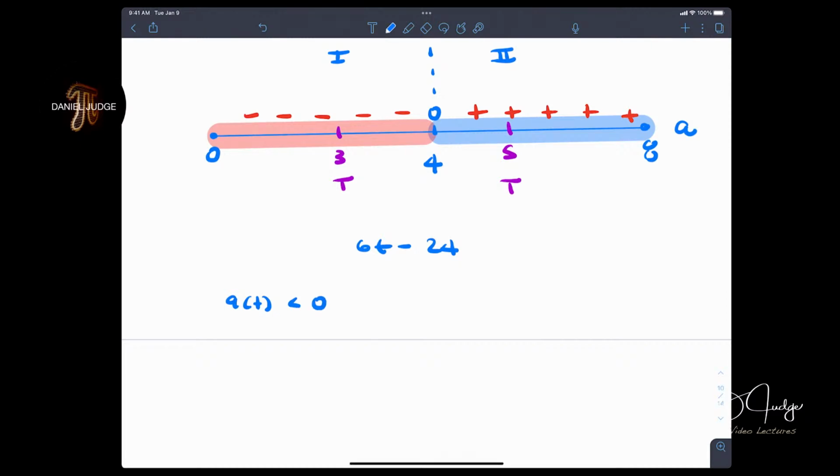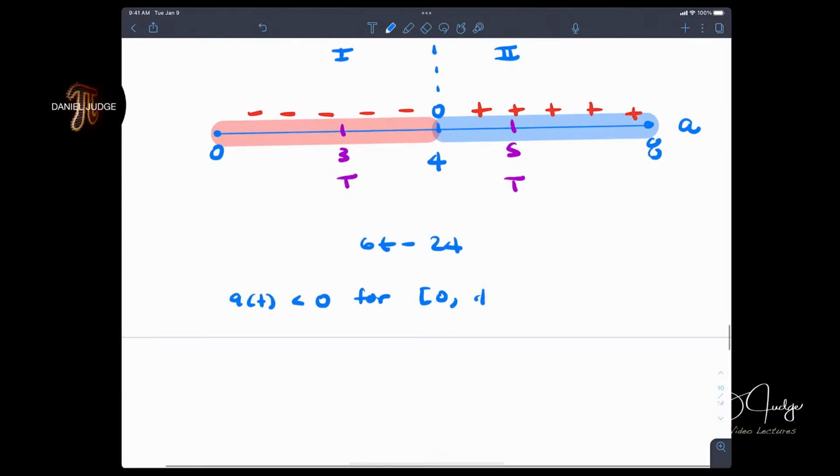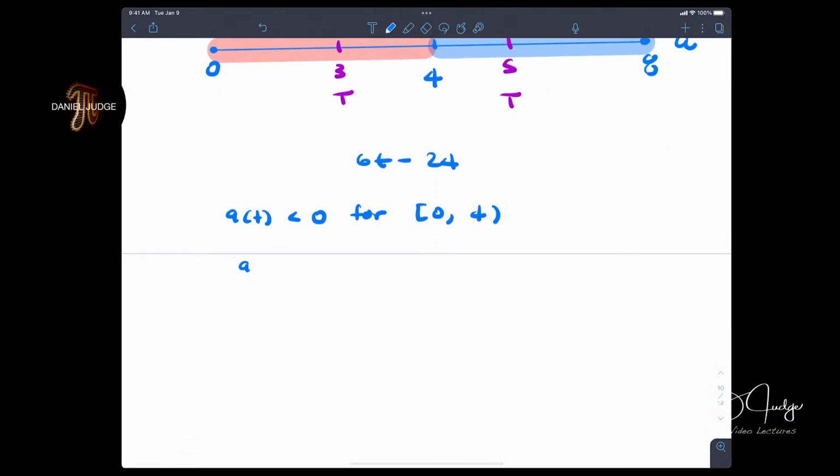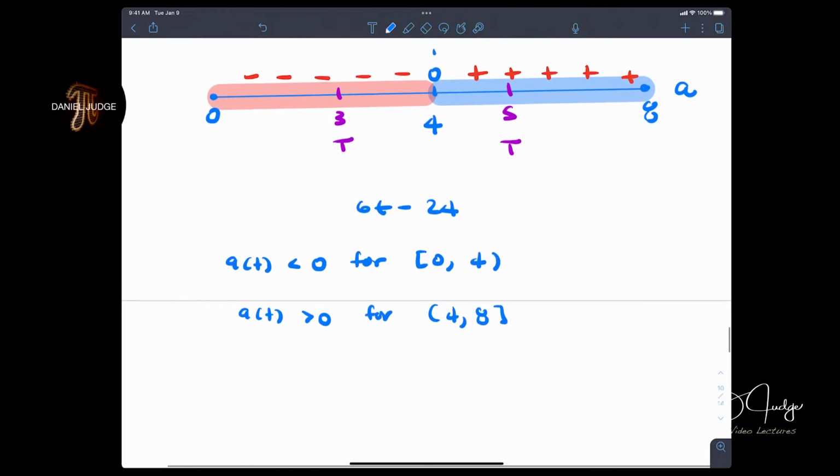Acceleration is negative for the time interval of 0, including 0, up to 4, do not include 4, because a of 4 is 0. That's when you have negative acceleration. Positive acceleration happens for values to the right of 4 up to 8 and including 8. Because we know a of 0 is negative. We know a of 8 is positive. This is what my sign analysis picture tells me.